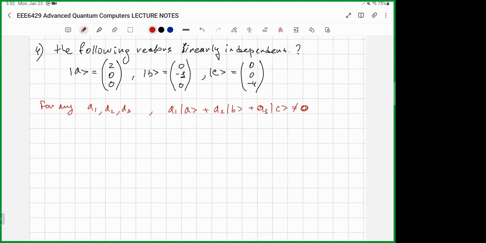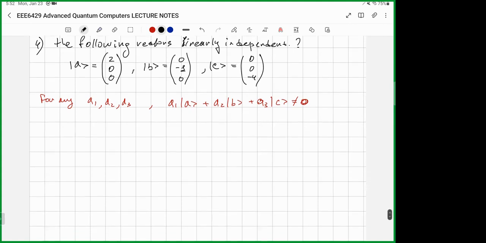So this is the definition. And the meaning is that you can use these linearly independent vectors to basically span any vector in your vector space, or represent any vector in your vector space.